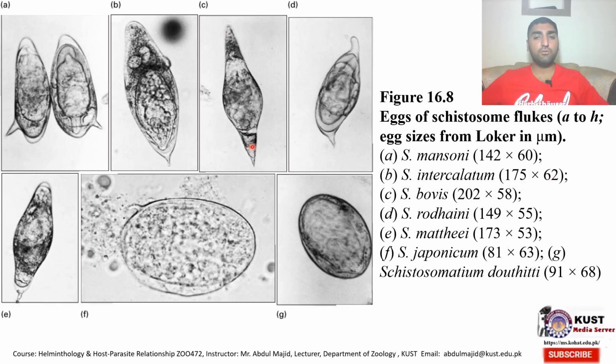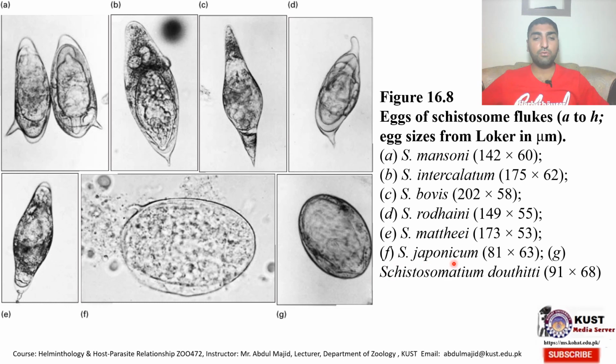And C, you can see Schistosoma bovis, which is 202 by 58 micrometers. And D, you can see Schistosoma rodhaini, which is 149 by 55 micrometers. And E, you can see Schistosoma mattheei, which is 173 by 53 micrometers.